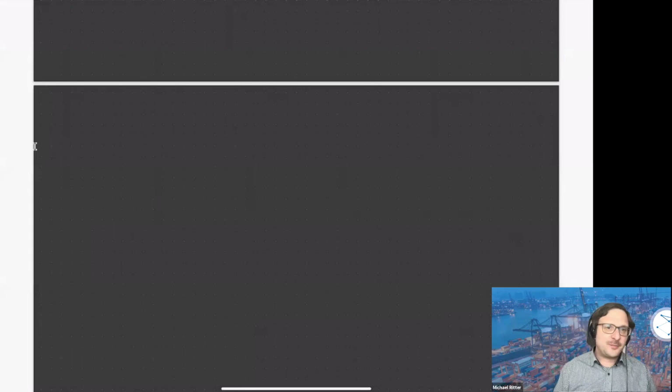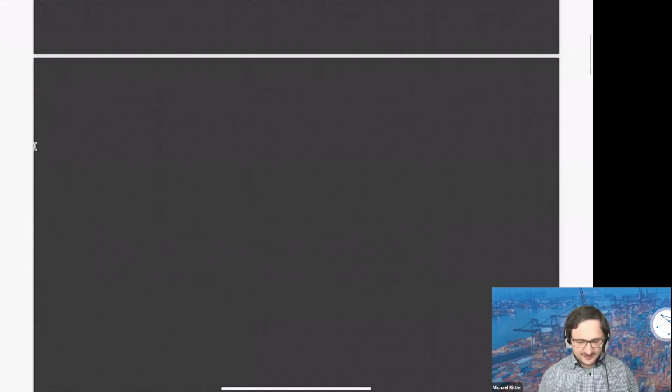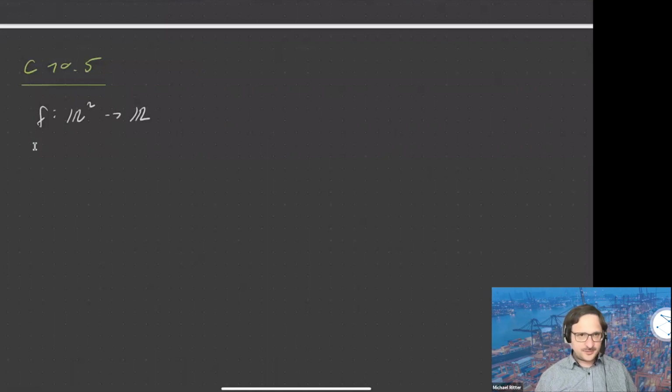So I'll just start with exercise C10.5. That's an example of integration of a function over a pretty simple rectangle. We have a function f defined on R2 that maps to R, so a real valued function.